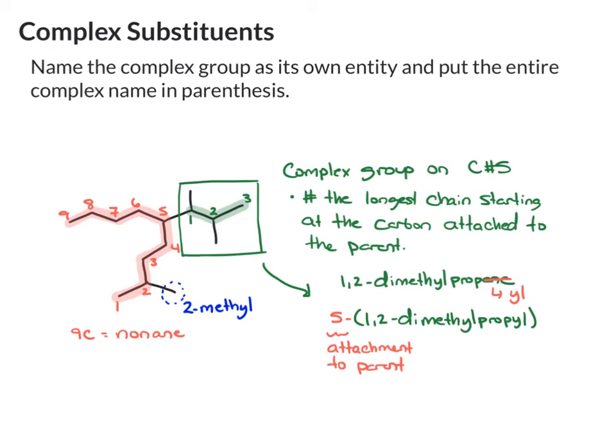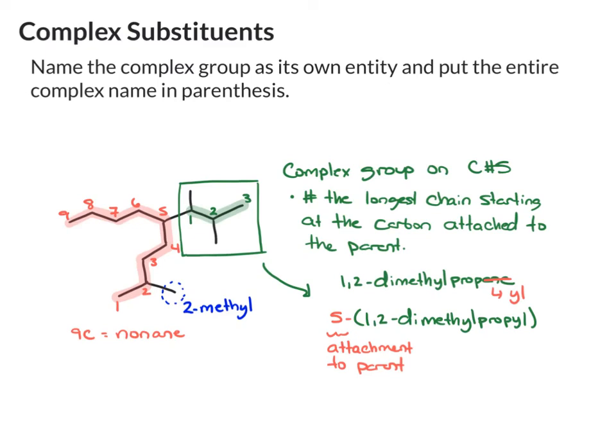There's one other thing that you do in terms of alphabetizing. So I taught you before, we don't use the di-, tri-, tetra- prefixes in alphabetizing. Well, that actually doesn't apply in the complex group.